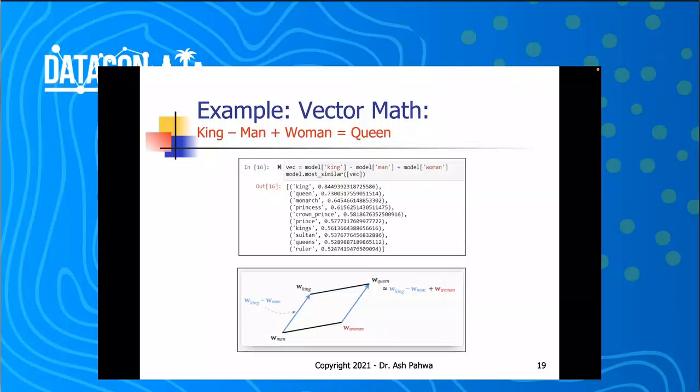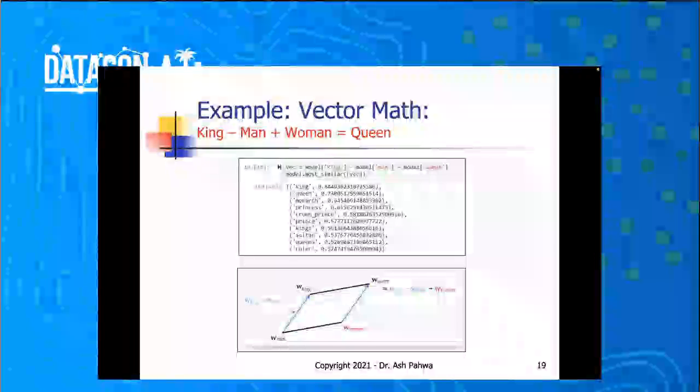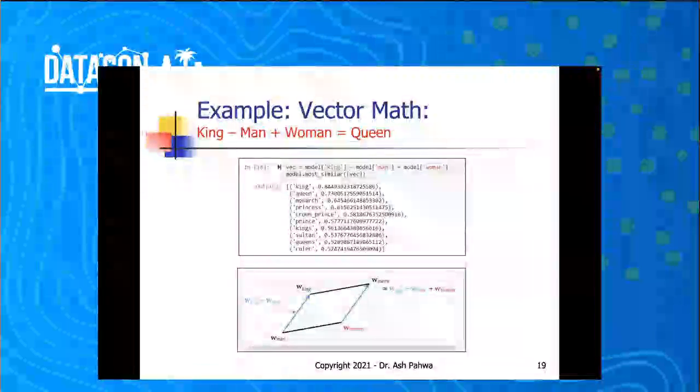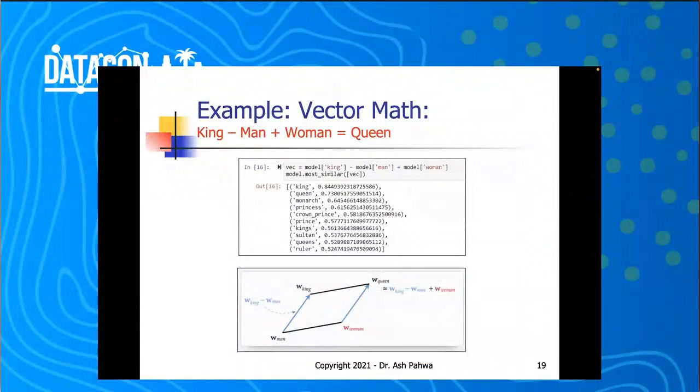He wrote everything in C++ and gave it out, and said, you didn't believe me? Here it is, compile it yourself and figure it out. The paper was published after a lot of people verified that what he was doing is correct. Yes, you can do this kind of vector math with words. This was a mind-boggling thing.